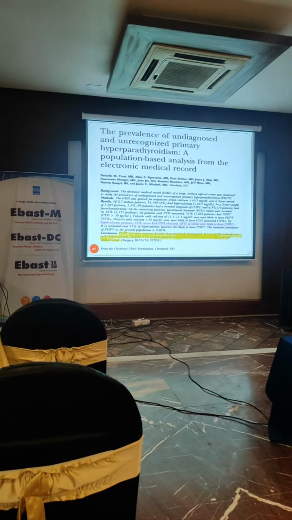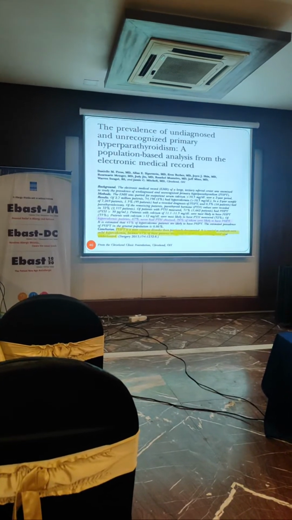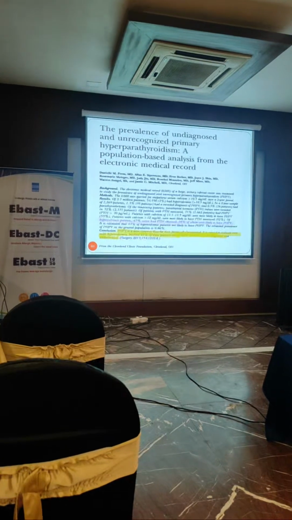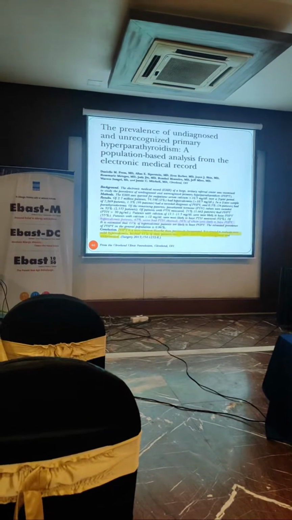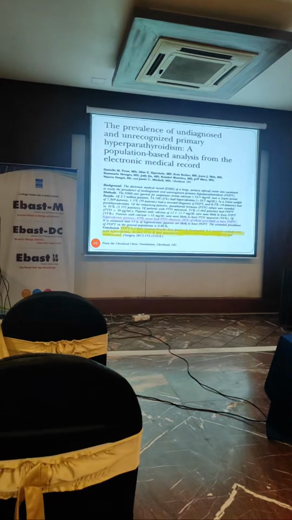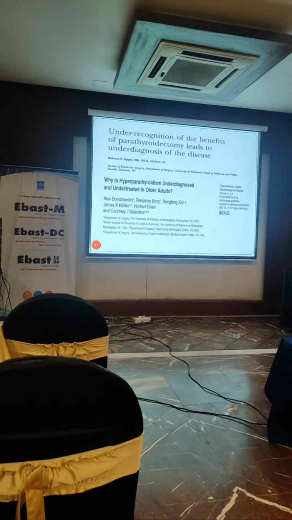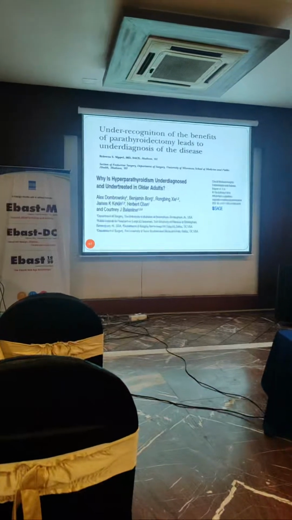So 43% of patients with hypercalcemia might turn out to have primary hyperparathyroidism. So this is a common disorder, but under-treated and under-recognized. Under-recognition of the benefits of parathyroidectomy leads to underdiagnosis of the disease.